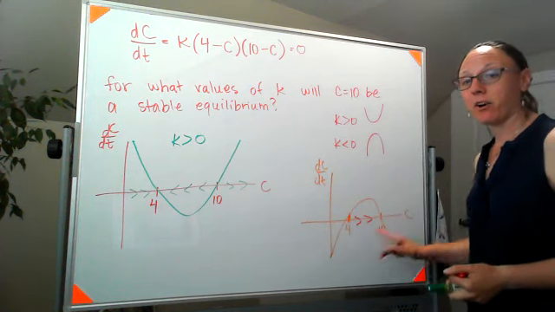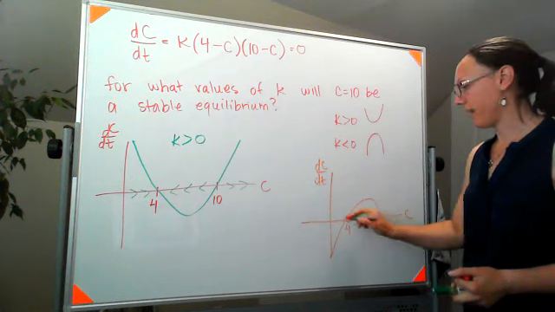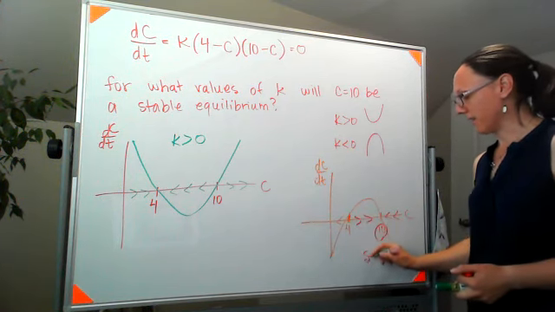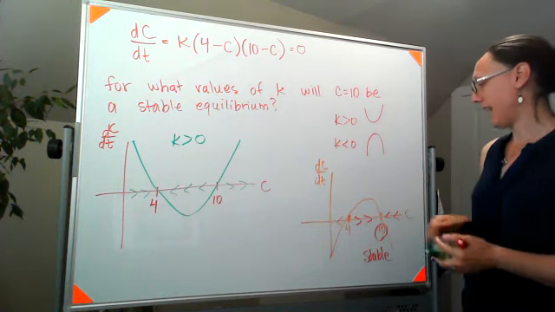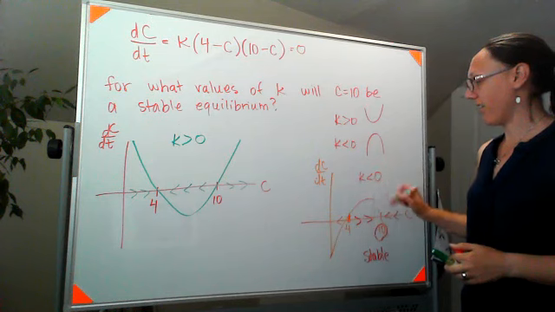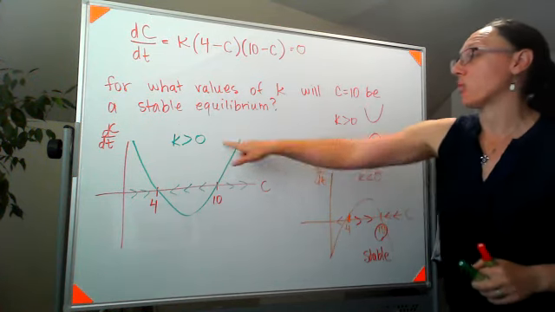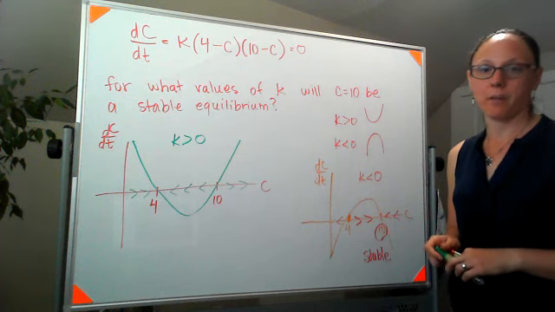And everywhere where my curve is below the axis, dc/dt is less than 0, and I should be headed to the left. So now my 10 is stable. So the answer is that for k less than 0, 10 is my stable equilibrium. For k greater than 0, 4 would be our stable equilibrium on that problem.